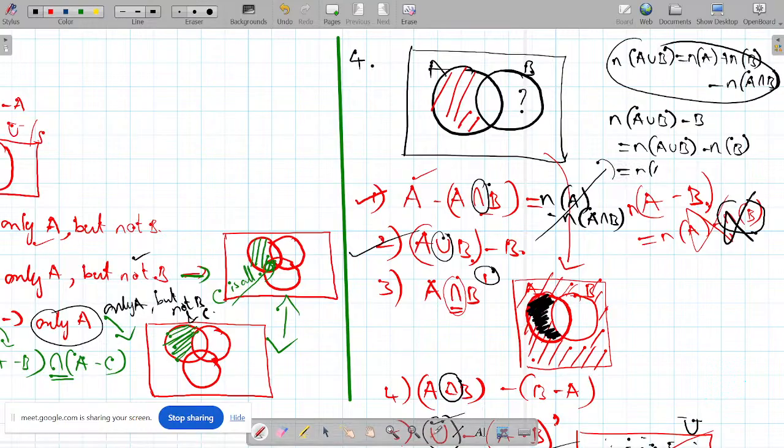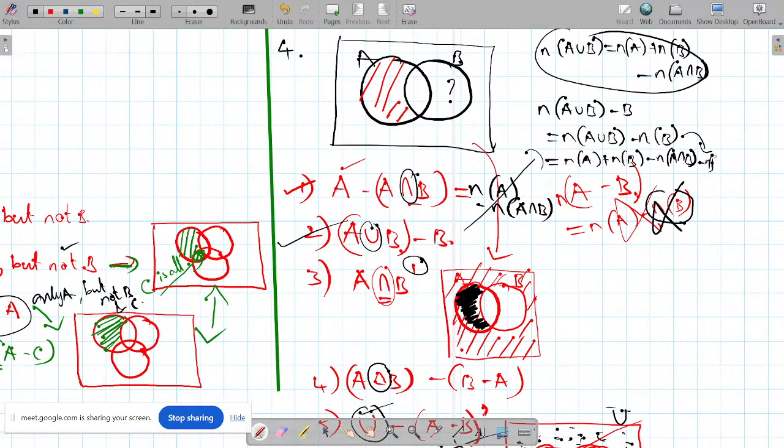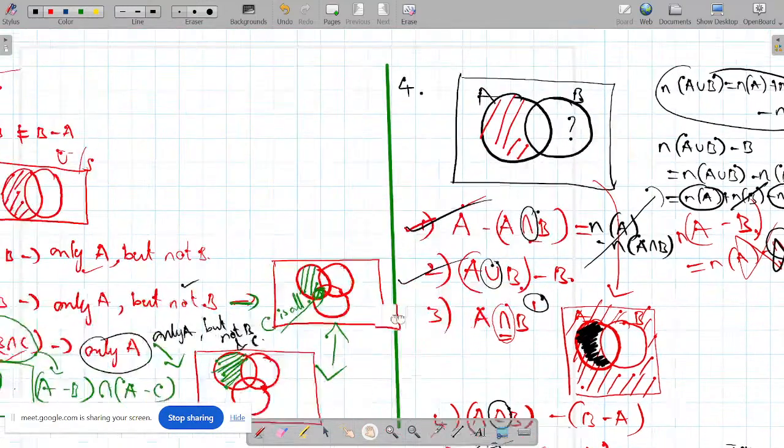It is n of A plus n of B minus n of A intersection B. Now this n of B and this n of B will get cancelled. So ultimately you get n of A minus n of A intersection B. Is it okay? So you have to take note of all these points.